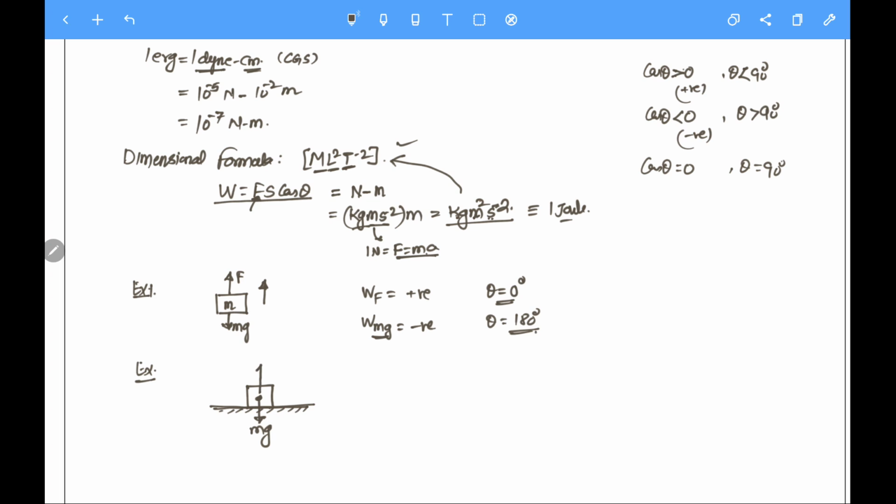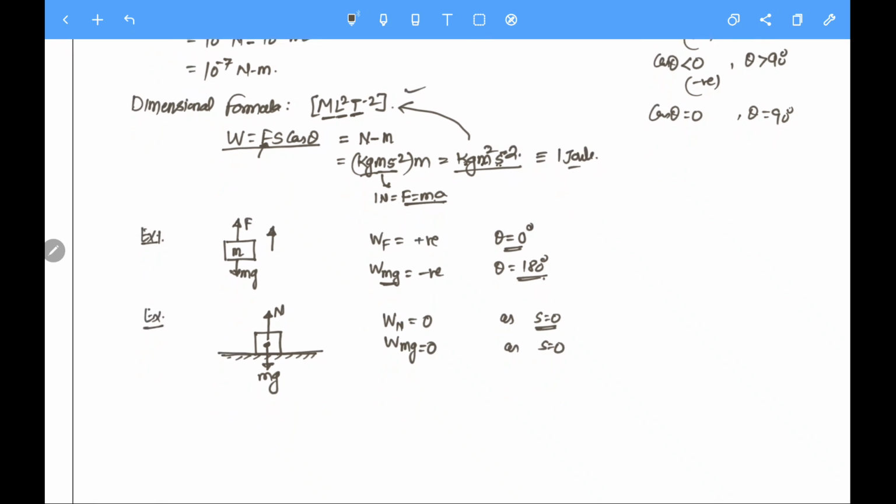So there is a normal reaction force due to the floor on the body, and no other force is acting. In this case, work by normal is 0 as S is 0 because there is no displacement in the direction of force. So work is 0. Similarly, work due to the weight is also 0 as again displacement is 0.